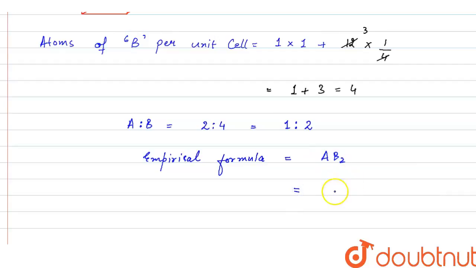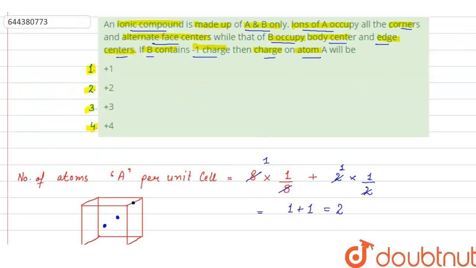So from this formula you can say that A is having +2 charge and B is having -1 charge, right? So A is having +2 charge. So the answer of the question will be option 2, +2. So this is the correct answer.